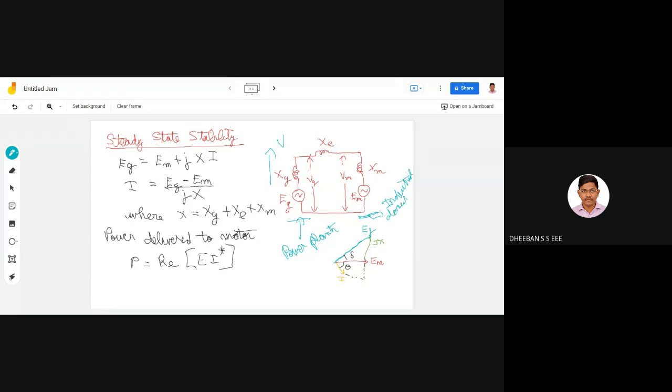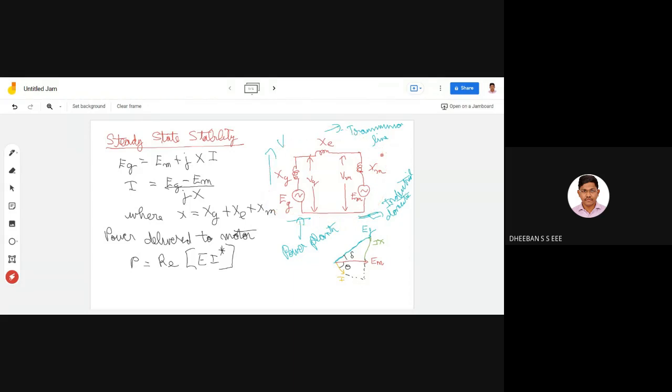The connection between these two will be through your transmission line. So the power given from this power plant has to be carried towards the load through your transmission line. So basically this is nothing but an entire power system given in a single loop.